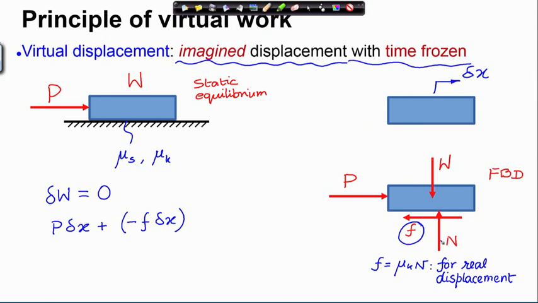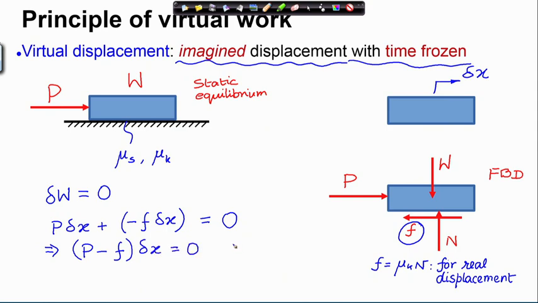W and N, which are the weight and the normal reaction from the ground, do not do any work under the displacement delta x, as you can see. Therefore, there is no other active force which is doing virtual work. So, this must be 0. From here it follows that (P minus F) delta x must be equal to 0.